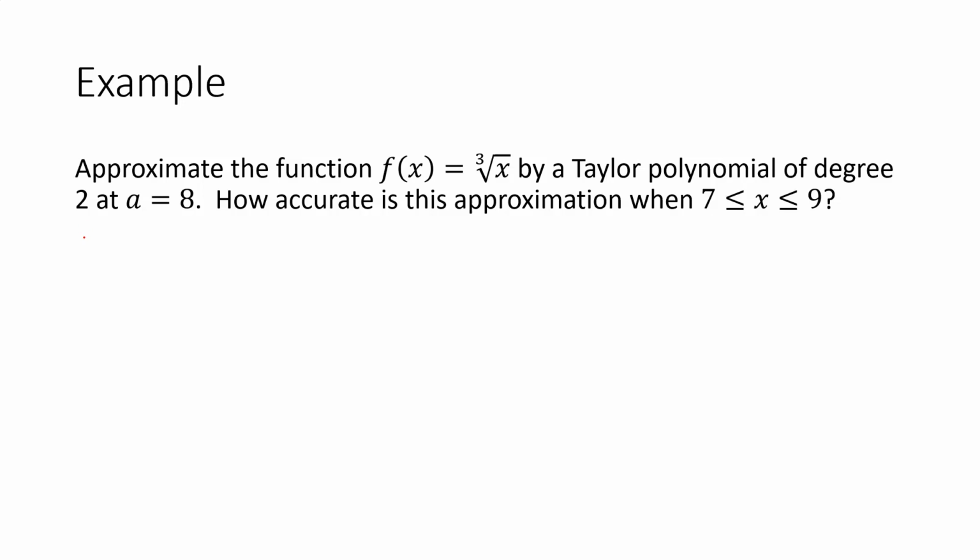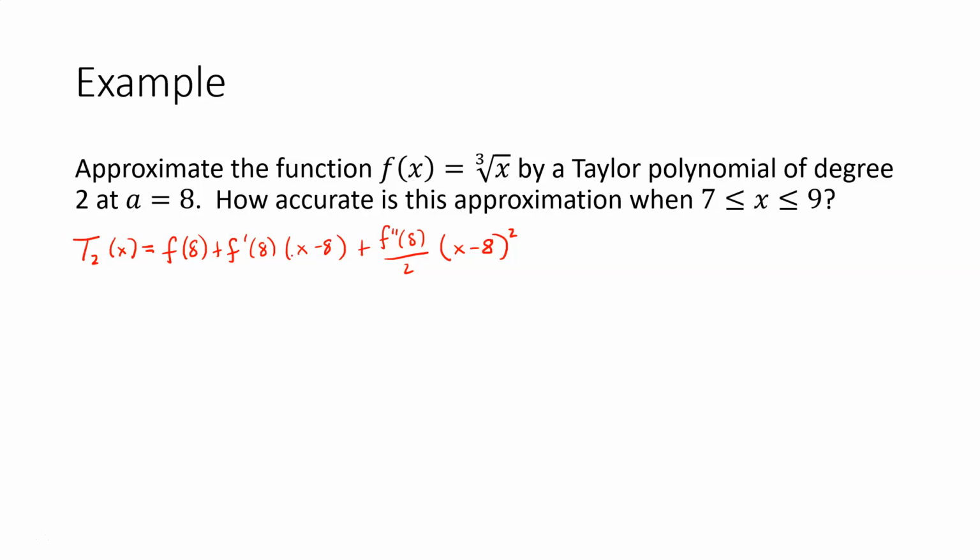So let's write out what our Taylor approximation T2 will look like, since we're doing a degree 2 polynomial. It'll be f of 8 plus f prime of 8 times x minus 8 plus f double prime of 8 over 2 times x minus 8 squared.